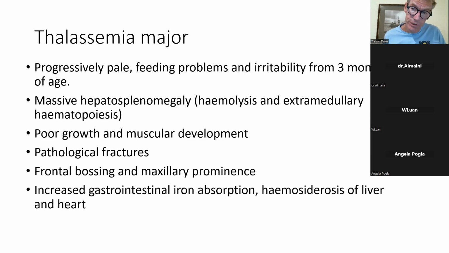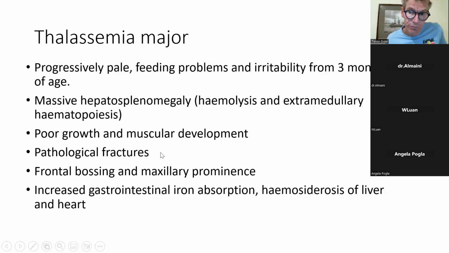The normal bone marrow in the long bones is not sufficient to make all the blood that you need to make. So there's more hematopoiesis going on in the liver and spleen, and also in the other bones. I'll show you some x-rays in a minute. They have poor growth and poor muscular development because basically all their energy is being used up for the production of red cells.